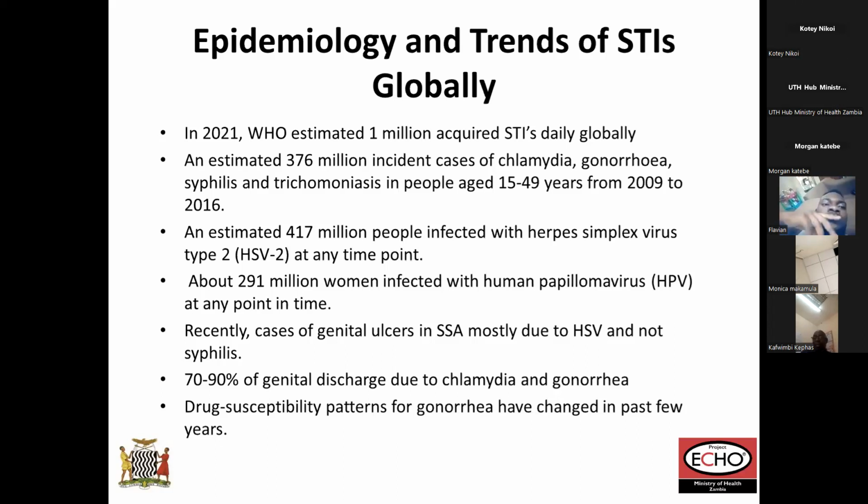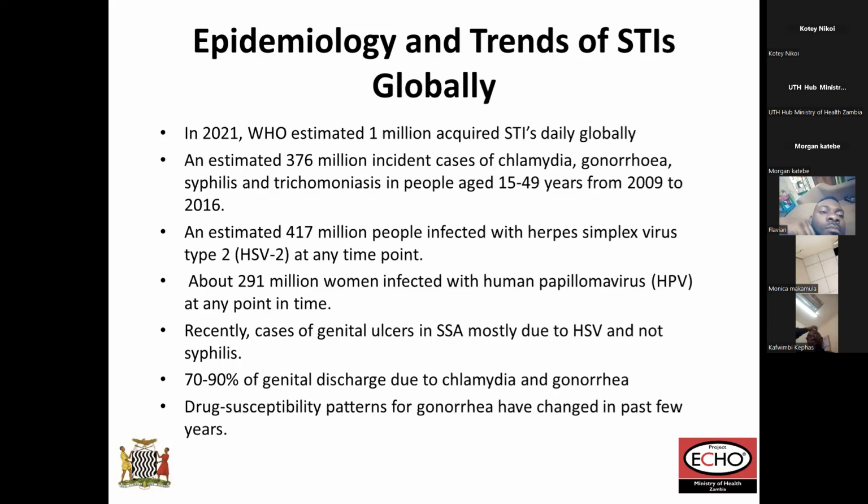And of course, more recently, data suggests that cases of genital ulcers in sub-Saharan Africa are mostly due to herpes simplex virus, mainly type 2, and not syphilis. Way back in time, syphilis was the most common cause of genital ulcers.